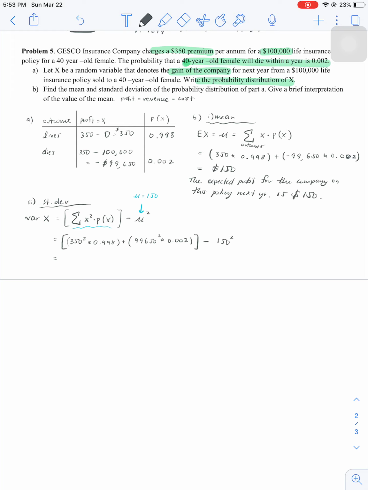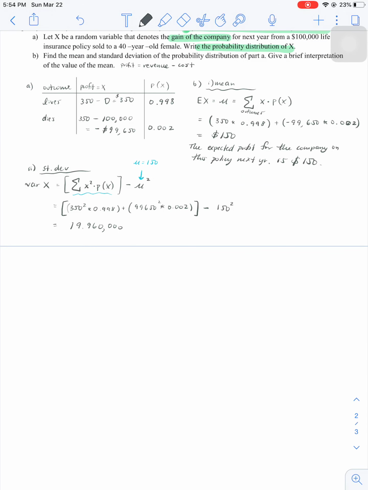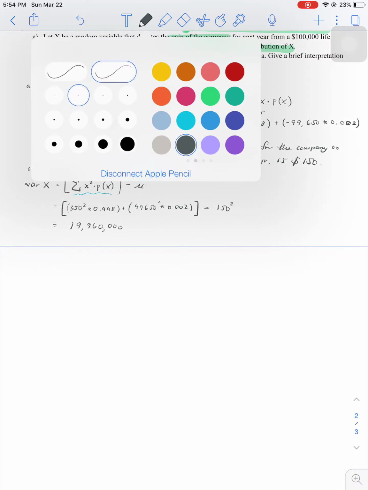This is a whole big long number. If you plug that in your calculator, you should get $19,960,000. Oh, that's a big number.